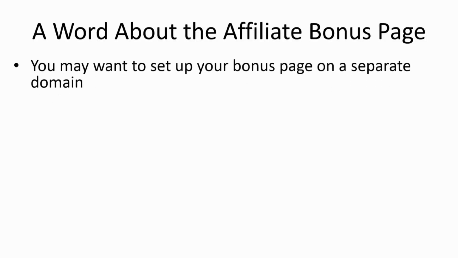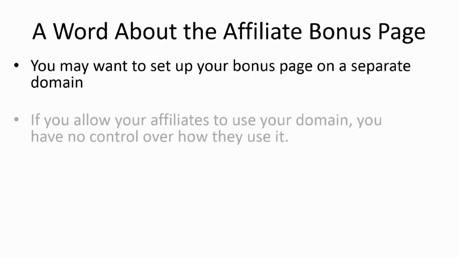Now, one of the things that was not mentioned last week that needs to be is that you may want to set up your bonus page on a separate domain. For example, a different domain than your JV page, especially because the affiliate bonus page is going to be used by your affiliates.